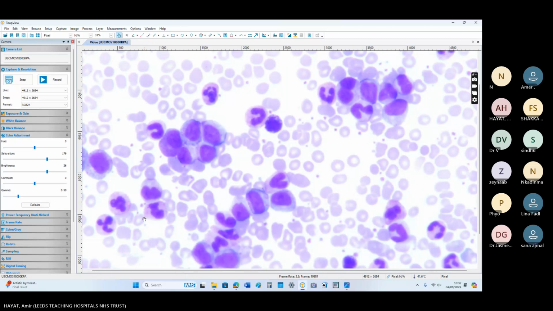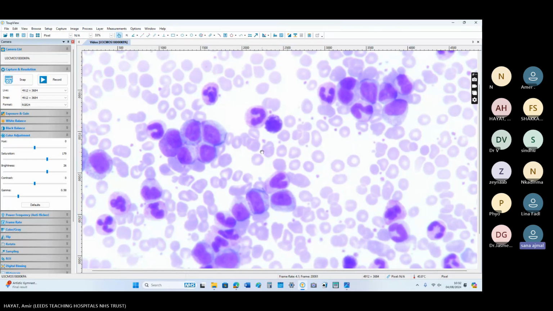So there is marked neutrophilia, like myeloid proliferation with all the stages, like promyelocytes, and there is one basophil as well with the neutrophils, and this one on the right side.